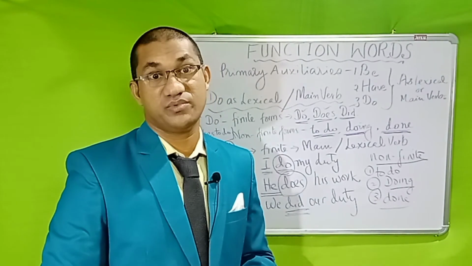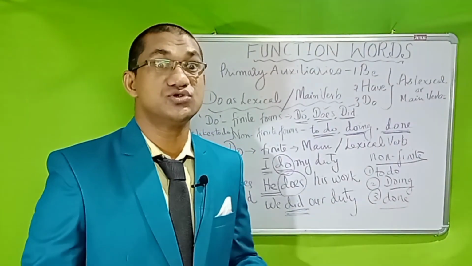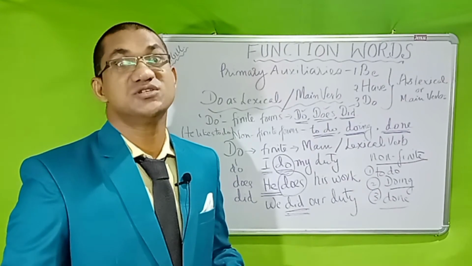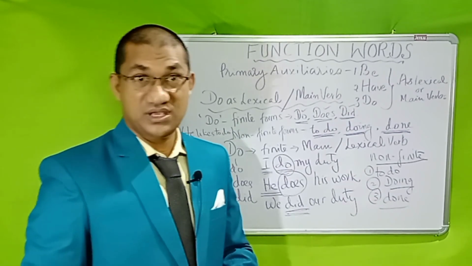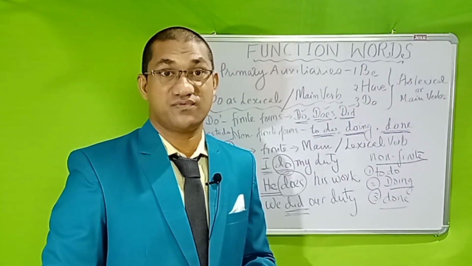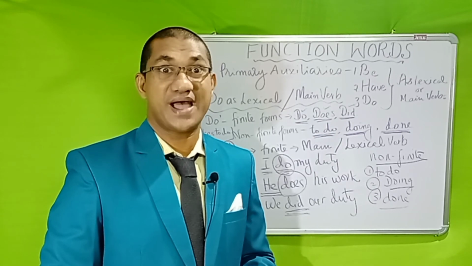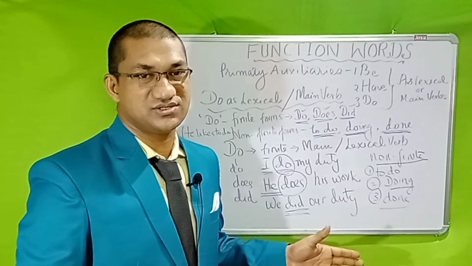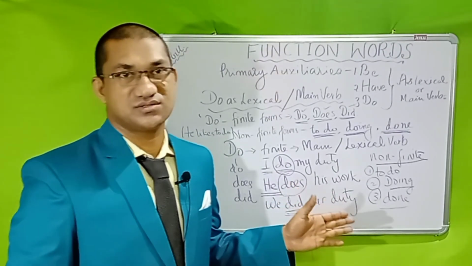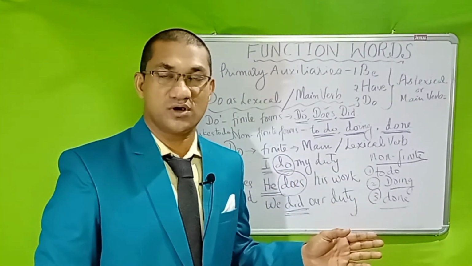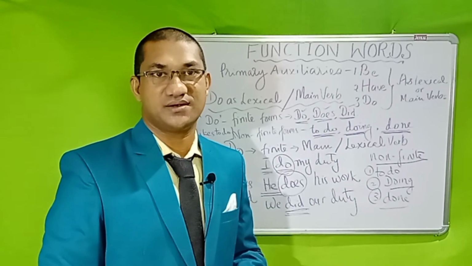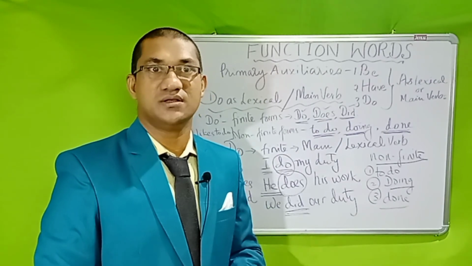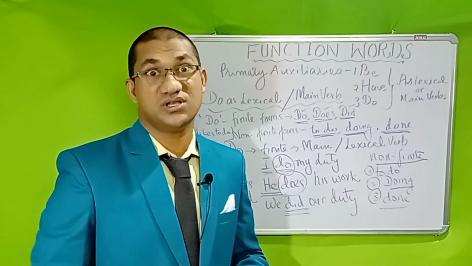Next class, we will be moving forward to the use of all these primary auxiliaries, be and its forms, have and its forms, and do and its forms as auxiliary verbs. So far we discussed the uses as main verbs or lexical verbs. Afterwards, we'll be looking at the use of these auxiliaries as auxiliary verbs.